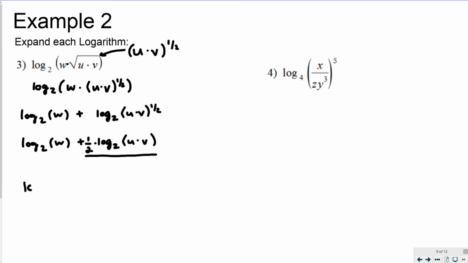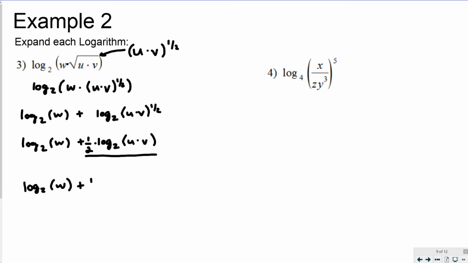So log base 2 of w plus. So when you break apart a log that has a coefficient, the coefficient gets applied to both of the products.